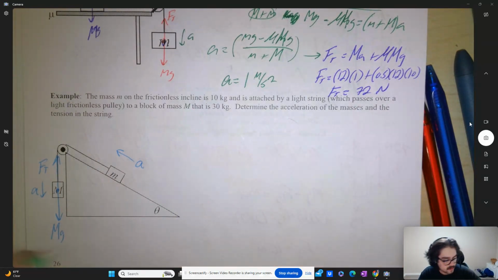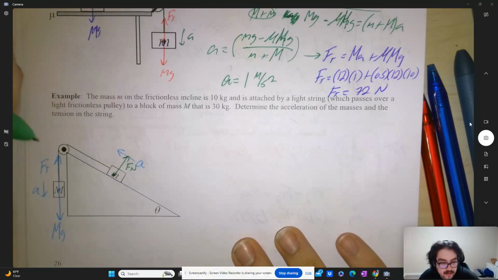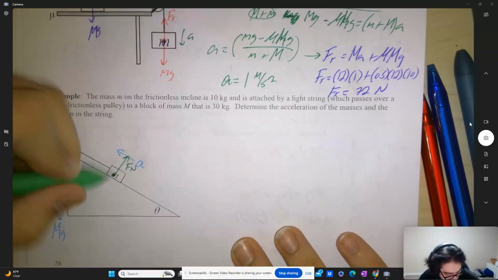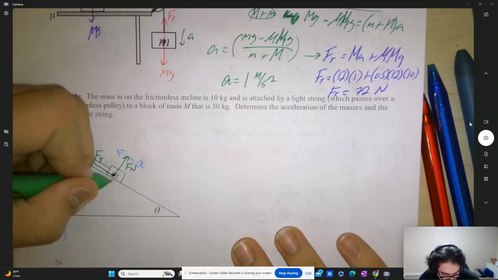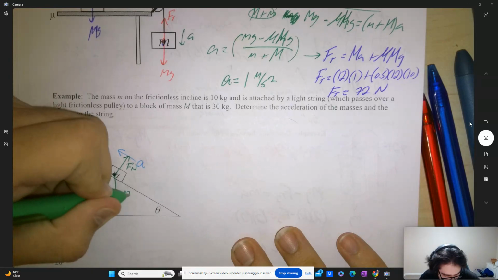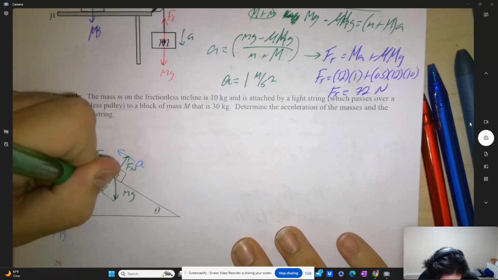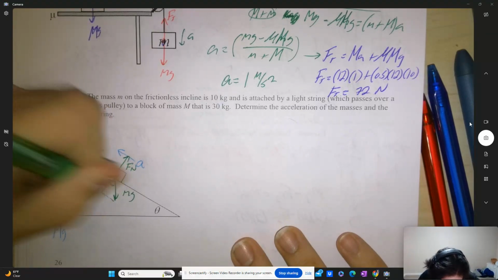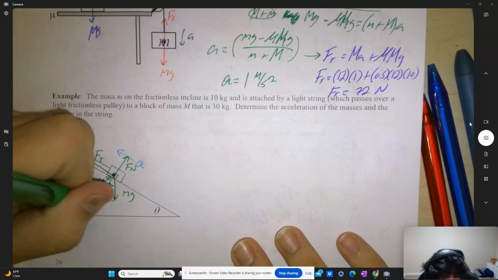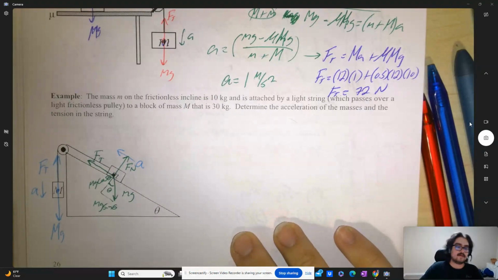You have normal force coming out of the plane. You have no friction, but you do have tension going this way. And then you do have mg going straight down, and you should know that the components are mg cosine theta and mg sine theta.